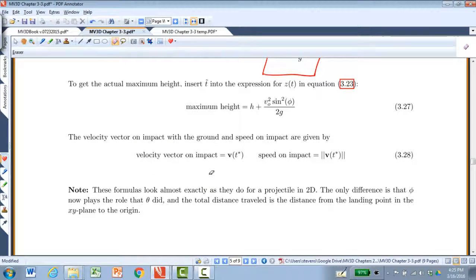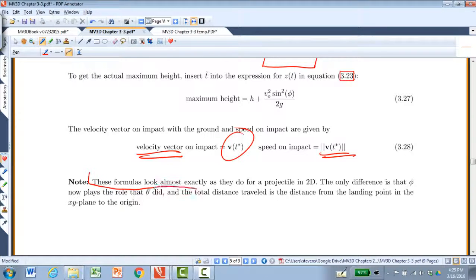So basically all I have to do is take the derivative of r, plug in t star, that'll give me the velocity vector, and I take the length of that vector, and that will give me the speed on impact. And again, these formulas look almost exactly as they do for 2D.